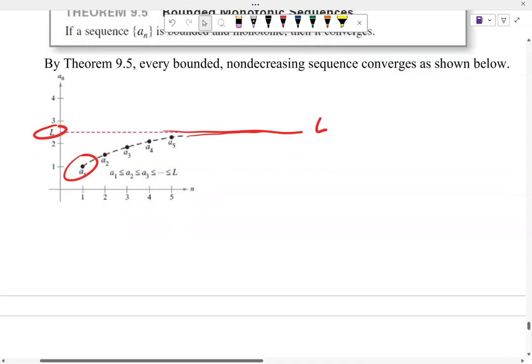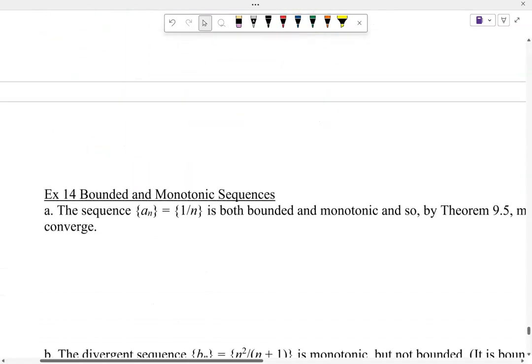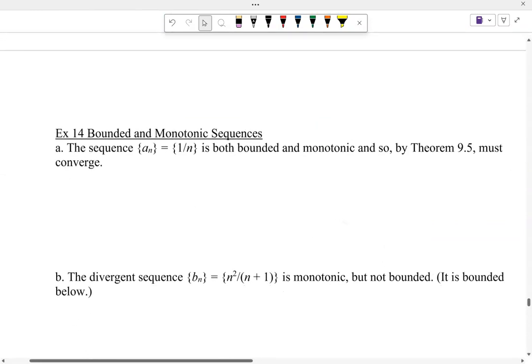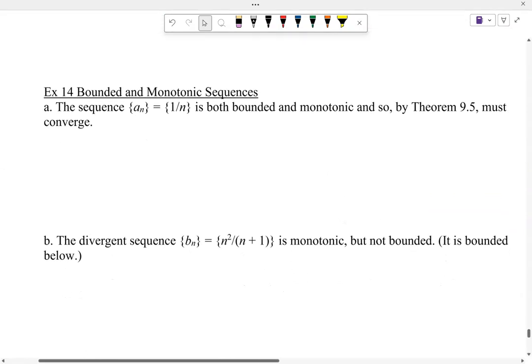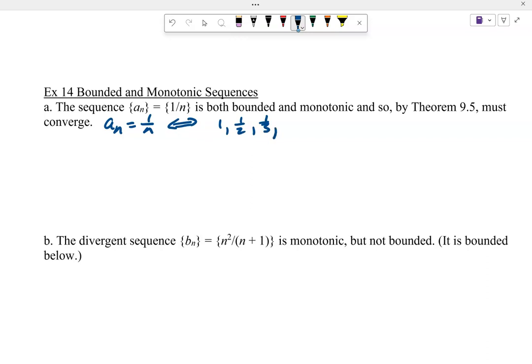And let's talk through a few of these here. A sub n is 1 over n. Let's think about 1 over n for a minute. If we were listing those, we'd have 1 over 1, 1 over 2, 1 over 3, 1 over 4, and so on. Right? And so we have the upper bound.